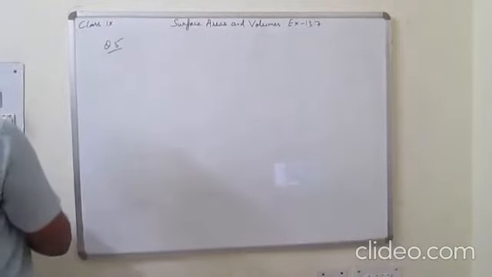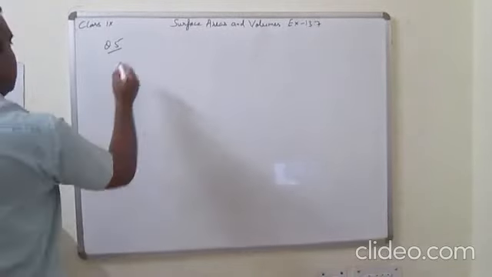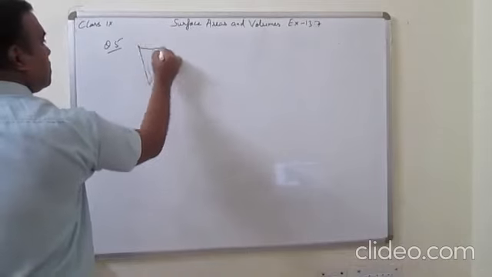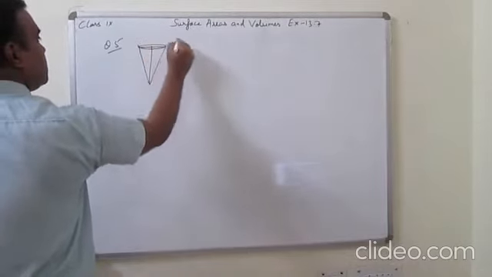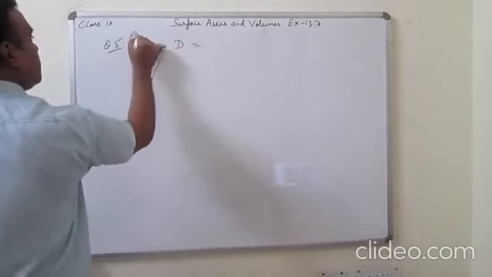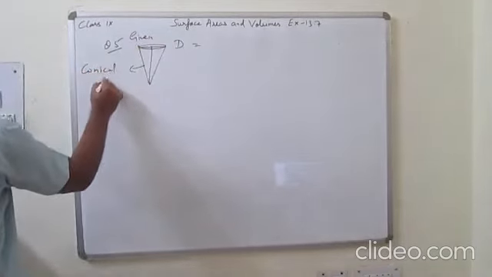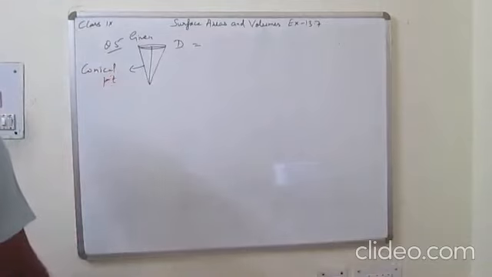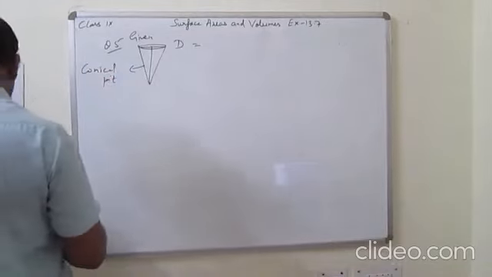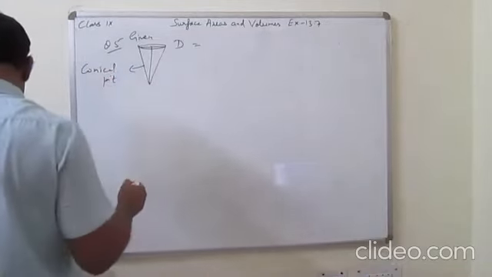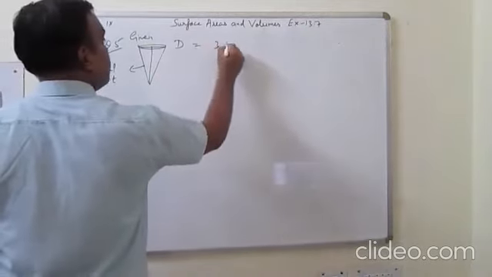A conical pit, top diameter, is given to you as 3.5 meter.